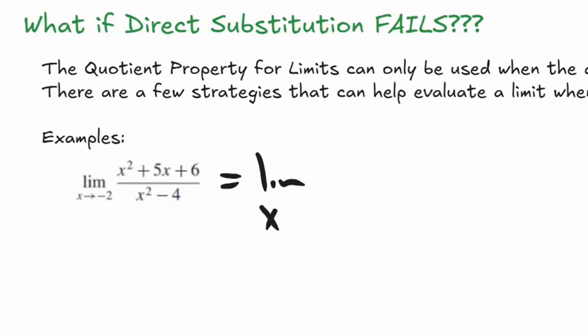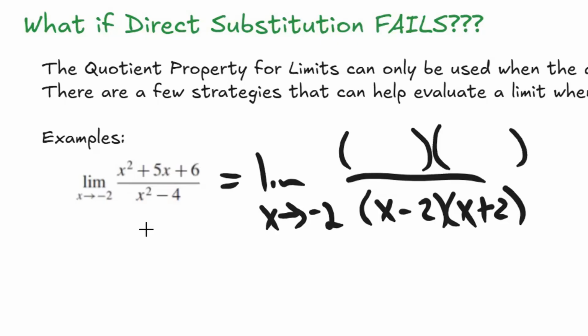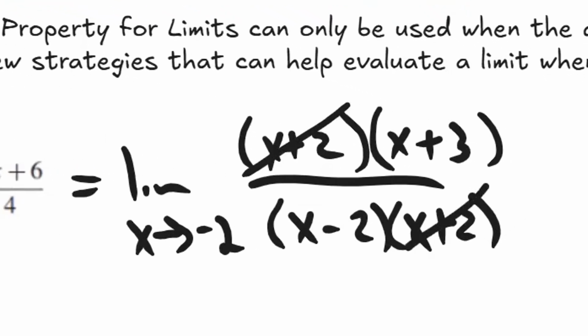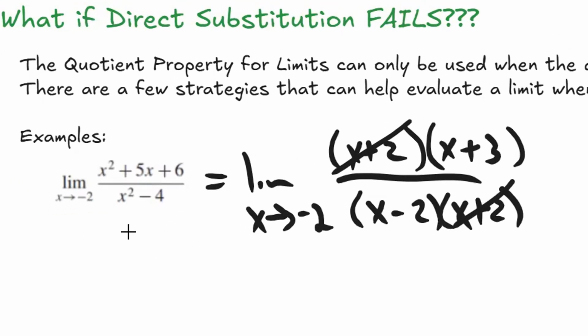So you take the limit as x approaches -2. The denominator is a difference of squares, so that factors into (x − 2)(x + 2). And the numerator, I need factors of 6 that add to positive 5, so that'd be (x + 2)(x + 3). And notice you could cancel a factor of x plus 2, which is essentially canceling the problem with the denominator.